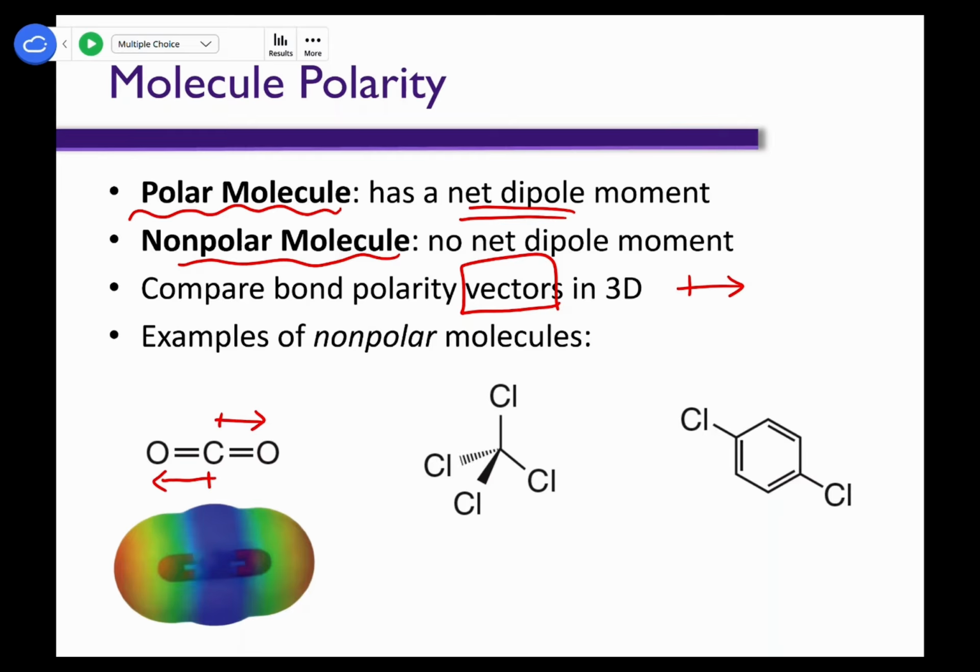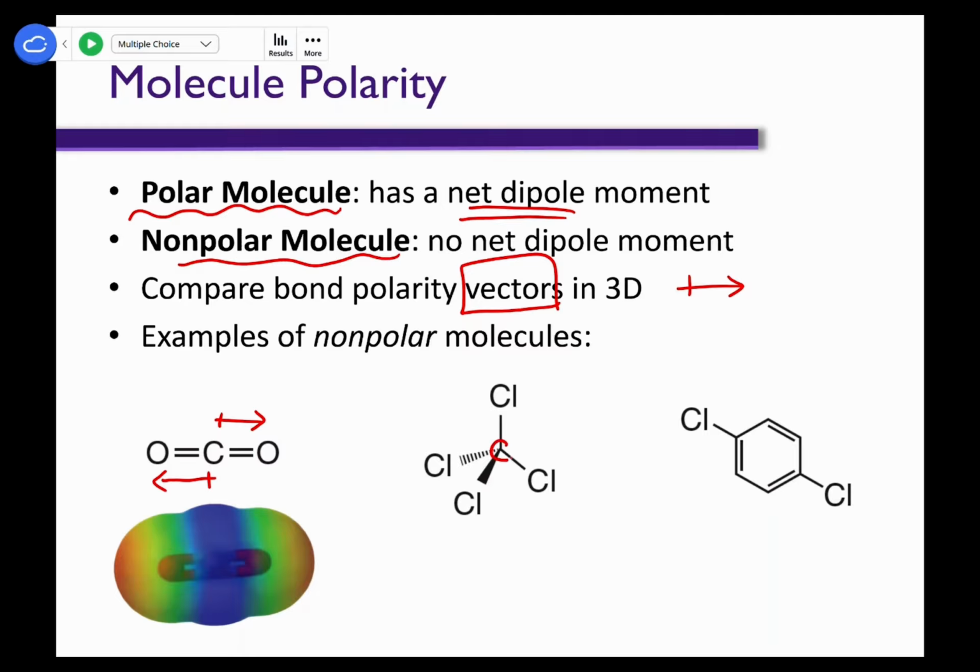Carbon to oxygen this way and carbon to oxygen that way is an equal and opposite pull because, according to VSEPR theory, we have a linear shape. If this wasn't linear, if it was bent, then it wouldn't be equal and opposite. But since this is linear, we have 180 degrees between carbon to oxygen and carbon to oxygen. It nets out as 0, and we have a non-polar molecule.